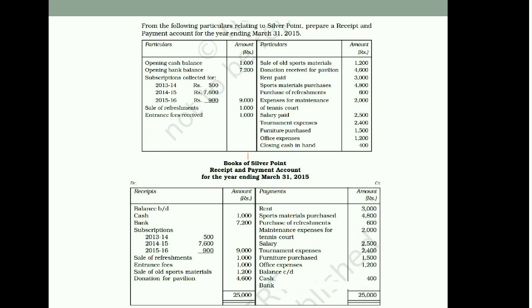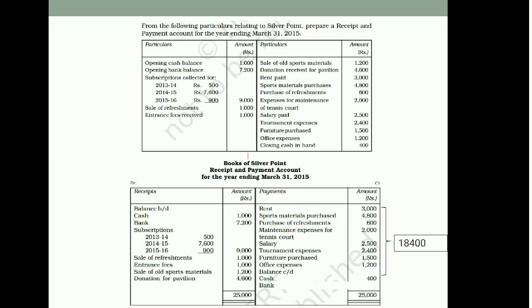We are putting each and everything here together. For that, all the information that has been provided in the question we have put already. But the answer is not coming equal. After adding both the columns, we are finding that the debit side has the balance of 25,000 and the credit side has the balance of 18,400.